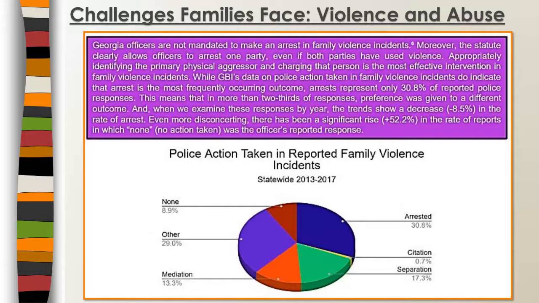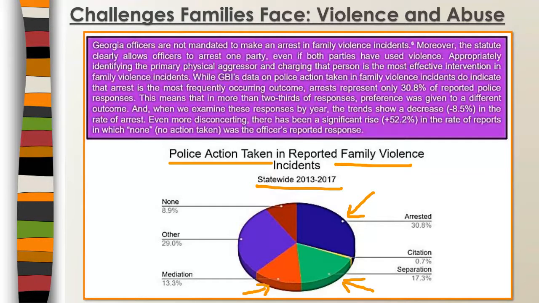And on this one, we've got police action taken. What do the police do when IPV or family violence is reported in Georgia? You can see a large chunk, 30% of cases, there's an arrest. About 17%, there's a separation. About 13%, there's mediation.